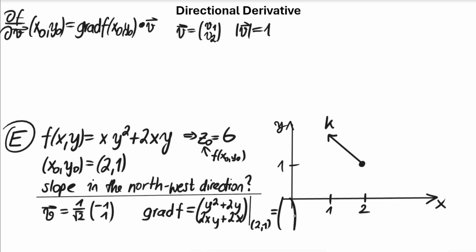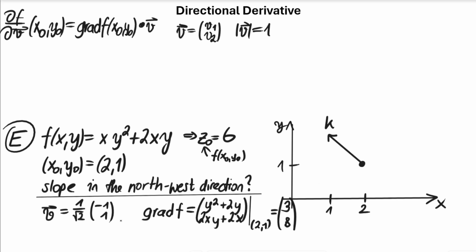And we get for the gradient, if you plug in x is 2 and y is 1: 1 squared plus 2 times 2 gives 3. 2 times 2 times 1 is 4, plus 2 times 2 is 4, so 8. We will show later on that the gradient points in the direction of the steepest ascent.